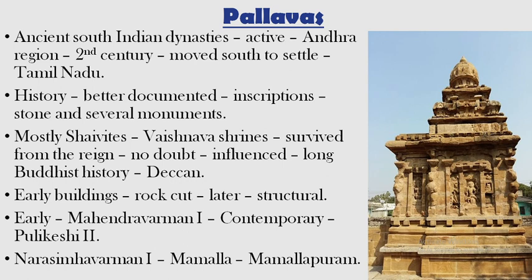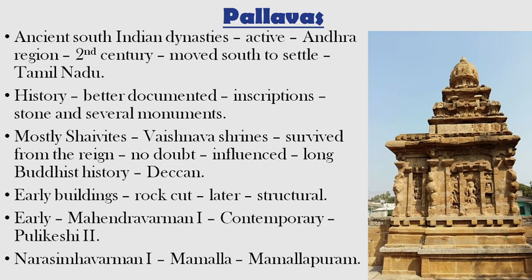The early buildings of the Pallavas were rock cut, while the later ones were structural. Structural buildings were well known to them when rock cut ones were also being excavated. The early buildings are generally attributed to Mahendravarman I, the contemporary of Chalukya King Pulikeshi II of Karnataka.